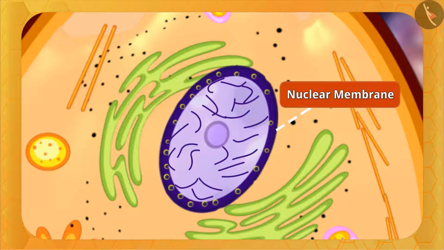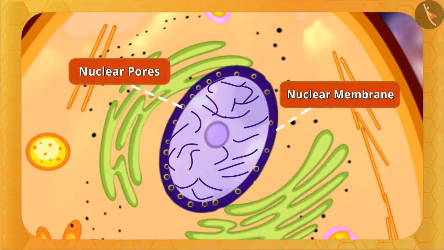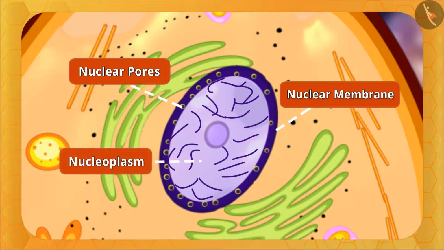Yes, its function and structure is similar to the cell membrane of a cell, which keeps the things inside the nucleus separate from the other parts of the cell. You can also notice many small holes in its layer. These are called nuclear pores. Inside the nucleus, there is a jelly-like fluid and it is called nucleoplasm.